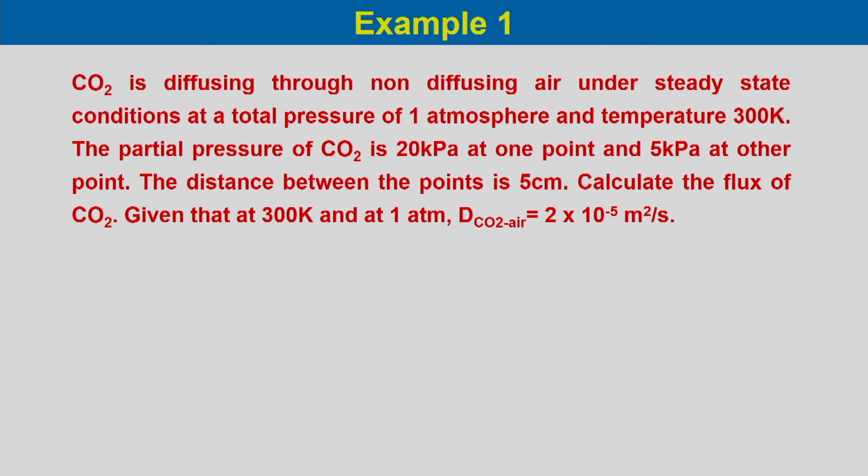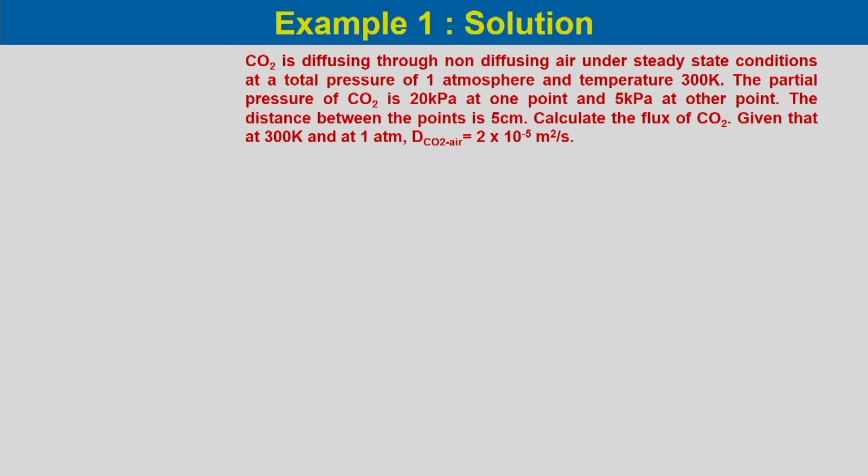We need to calculate the flux of carbon dioxide, given that at 300 Kelvin and at 1 atmosphere pressure the diffusion coefficient of carbon dioxide in air is equal to 2 into 10 to the power minus 5 meter square per second. Now, let us solve this. We assume that it is an ideal gas.